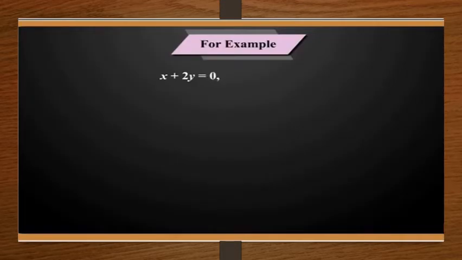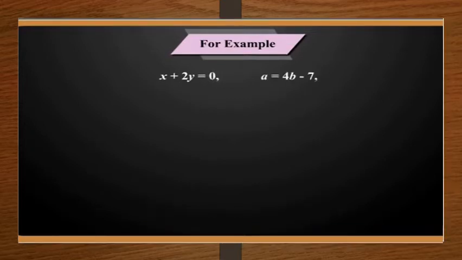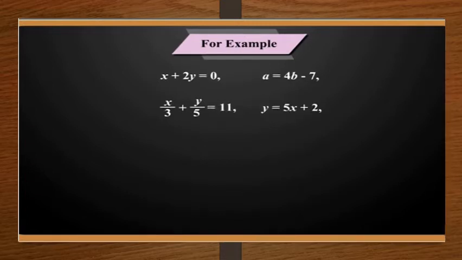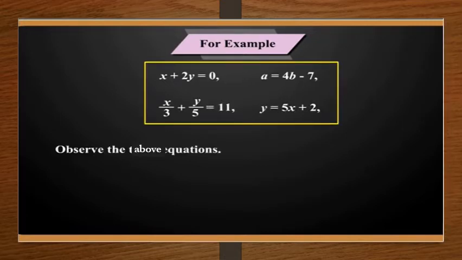For example, x plus 2y is equal to 0. a is equal to 4b minus 7. x upon 3 plus y upon 5 is equal to 11. y is equal to 5x plus 2. Observe the upper four equations.